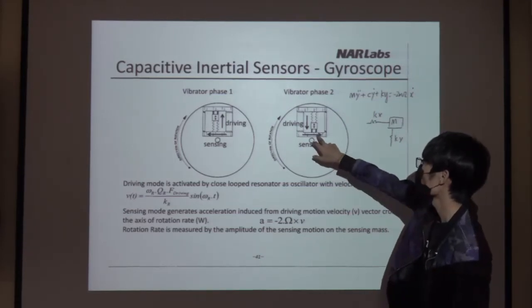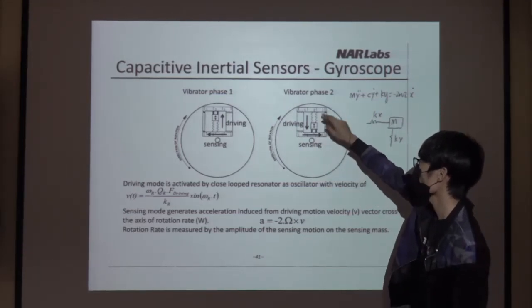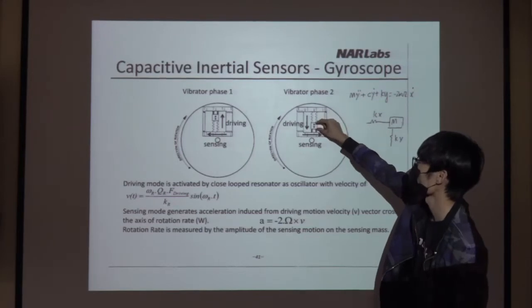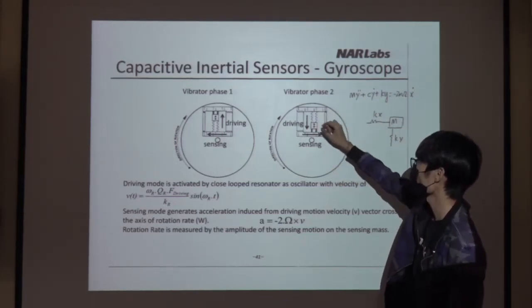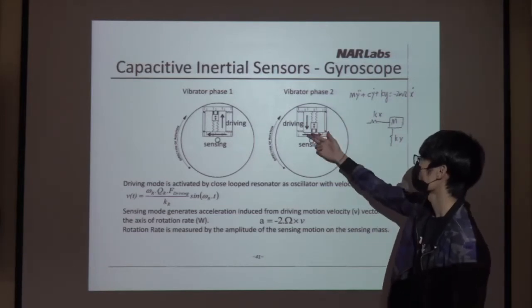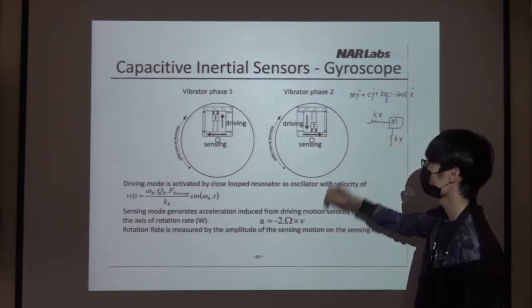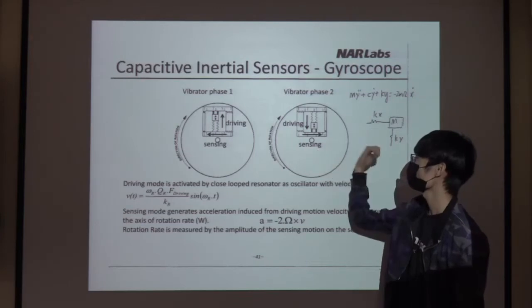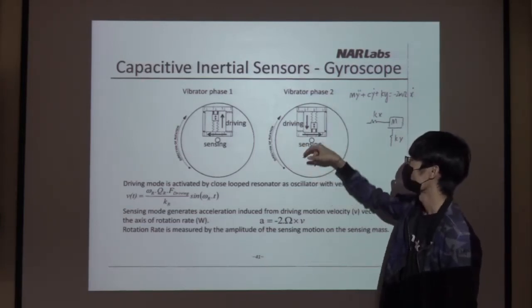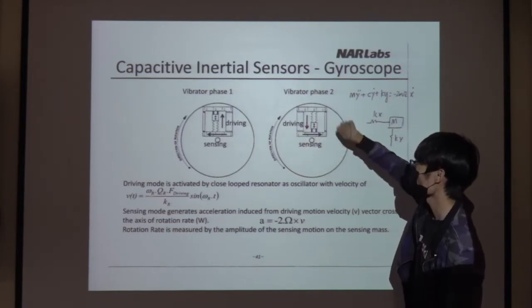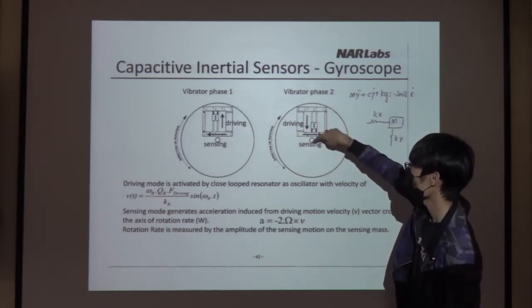If this is a bus and inside it there is a tiny ball, the ball moves this way with this velocity, and the bus rotates around this axis.